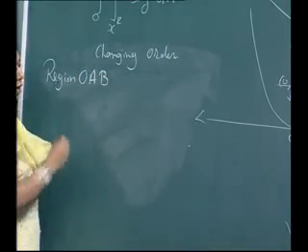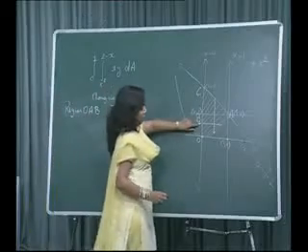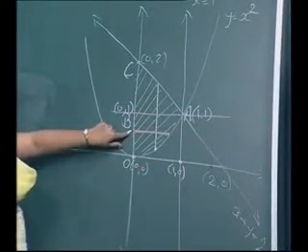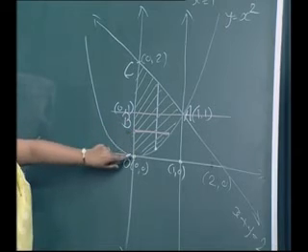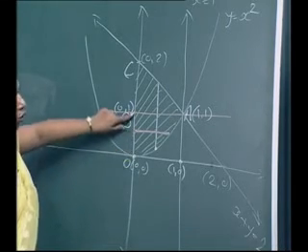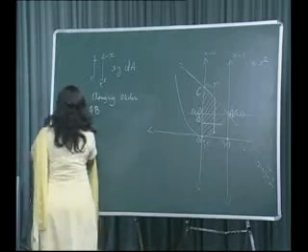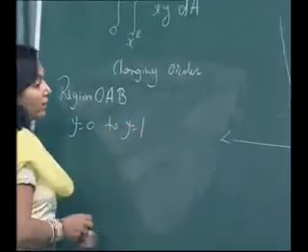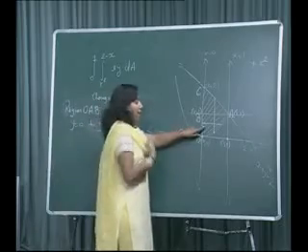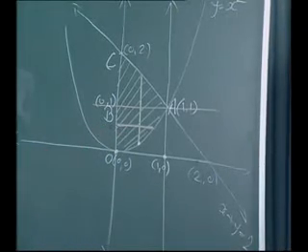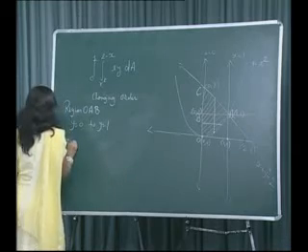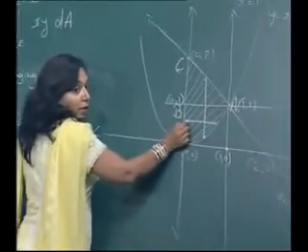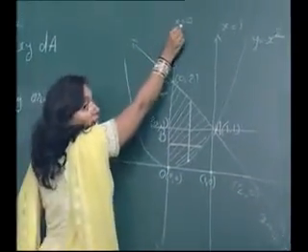And for OAB we are taking y as a constant. So, y varies from 0 to 1. So, y is 0 to y equal to 1 and x as a variable. So, x starts here, that is x is 0.